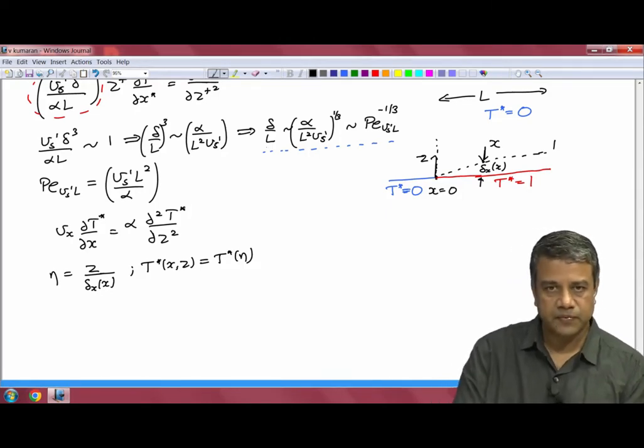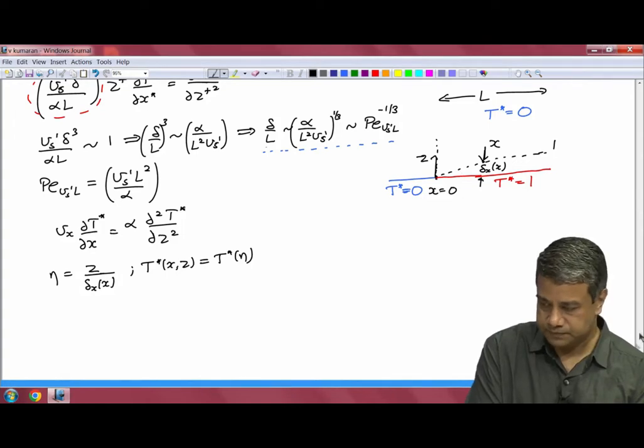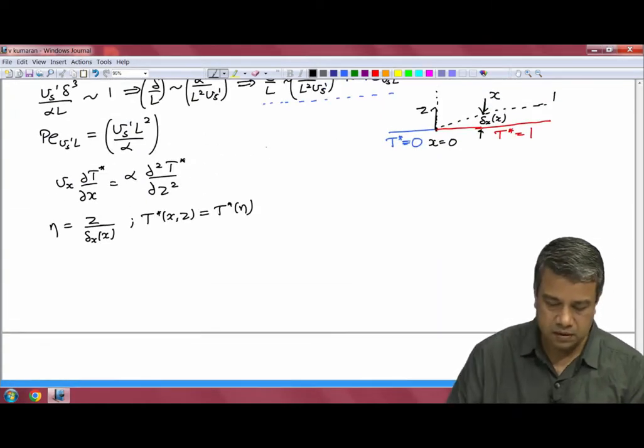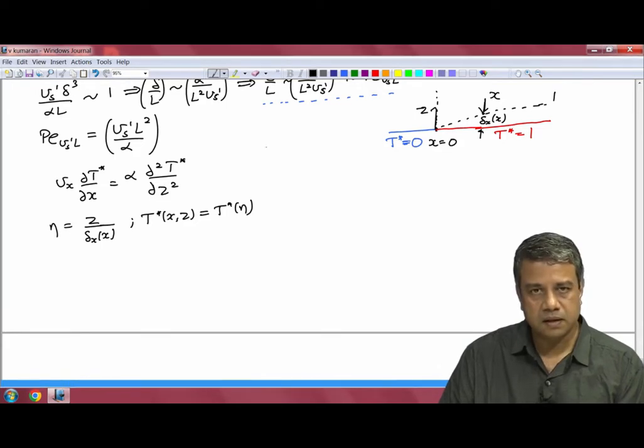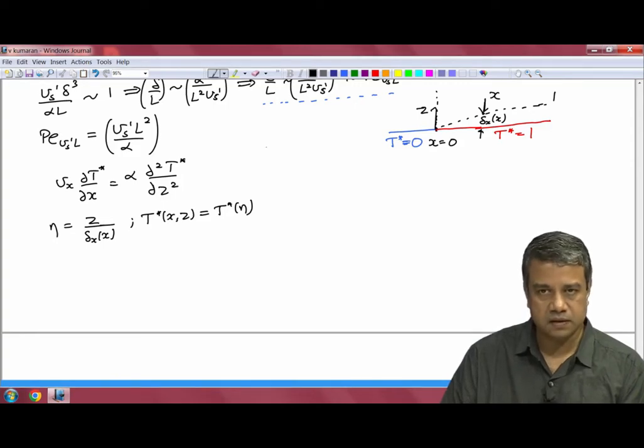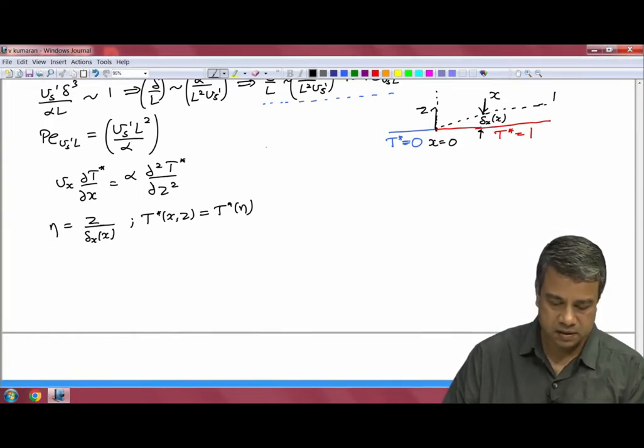So, I first have to substitute for T star as a function of eta into the equation and get a simplified equation, and within that find the condition under which the equation and the boundary conditions depend only upon eta and not individually on x and z. So, let us do that.